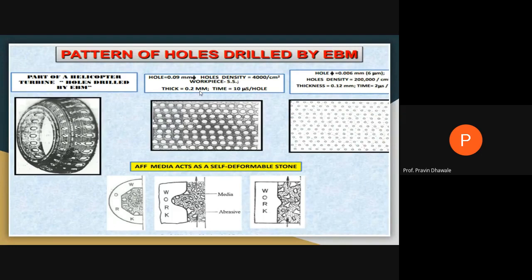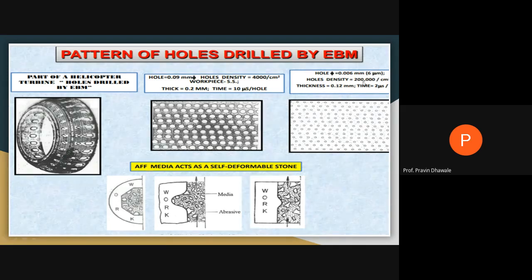And within a small area, how much density of holes with a very small diameter, and within a small time, for a very high hardness or high superior quality workpiece, that is stainless steel. Such holes are manufactured by using EBM, electron beam machining. If you consider here, see the diameter of the hole, 0.006 mm, means 6 micrometer.